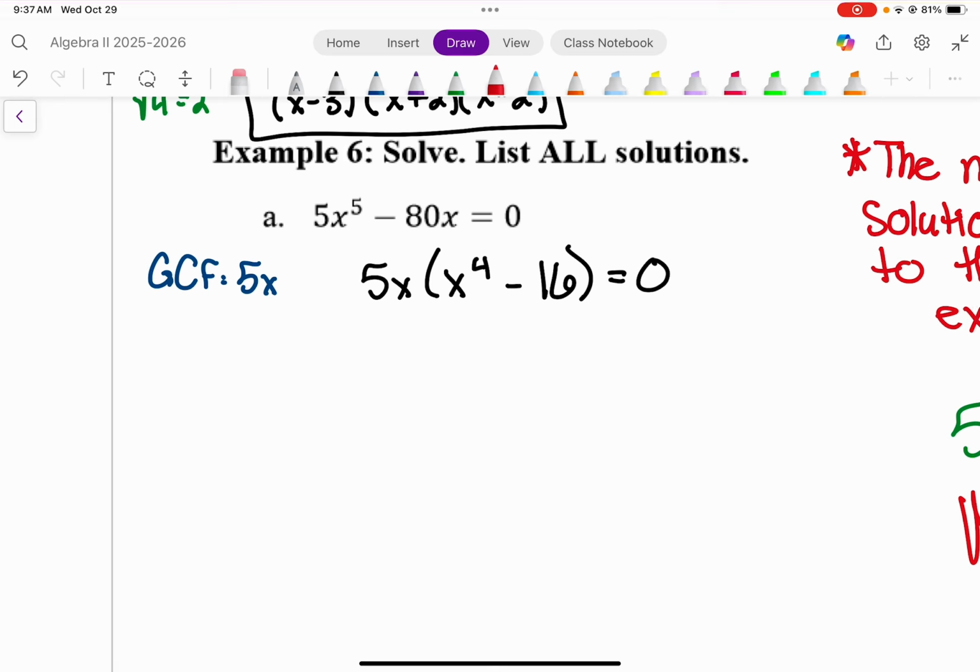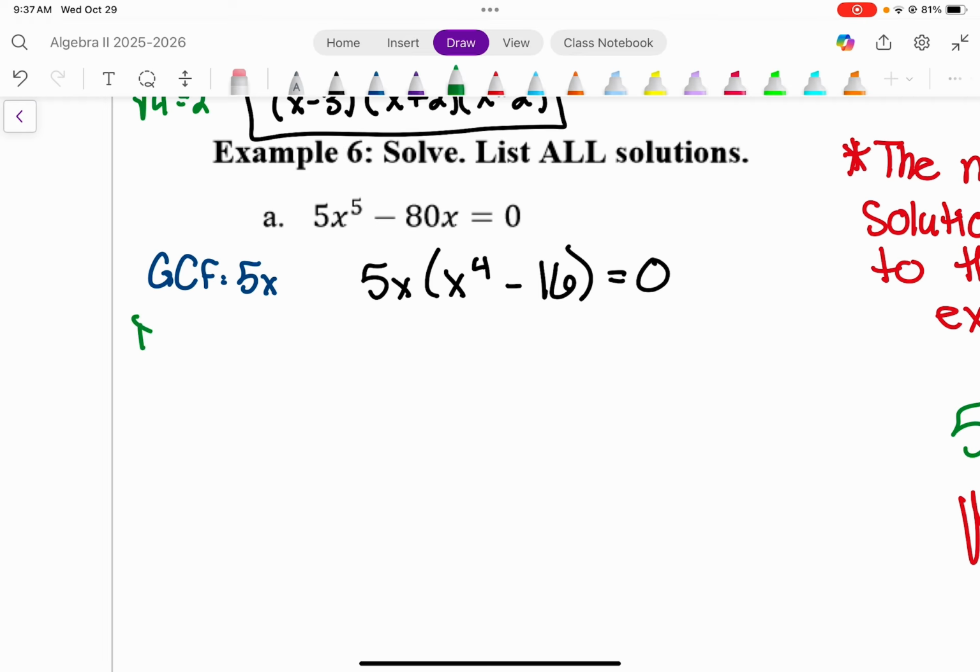Okay, after you factor out your GCF, you are going to look for, do you have a difference of squares, difference of cubes, sum of cubes, or do you need to group and then factor? This one we only have 2 terms, so I'm checking for cubes and squares. I know x to the power of 4 is a perfect square, and 16 is also a perfect square.